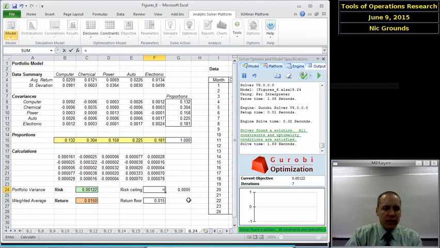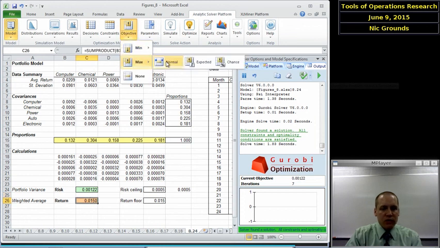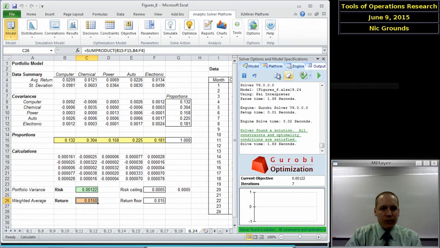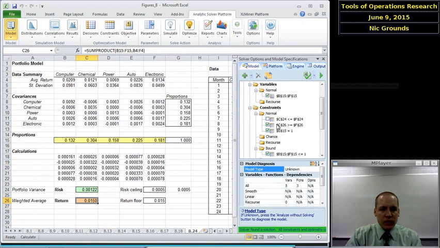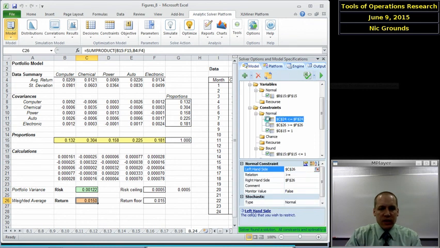Okay, so we'll set that equal to this. We'll again make maximizing return our goal. Okay, and we'll ensure that the constraint we have set up is that we want our risk to be less than or equal to what we're now doing optimization sensitivity on.